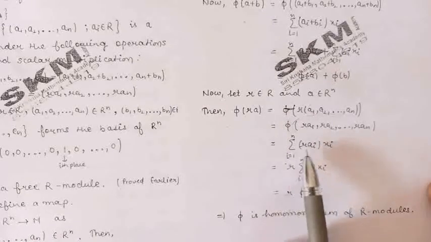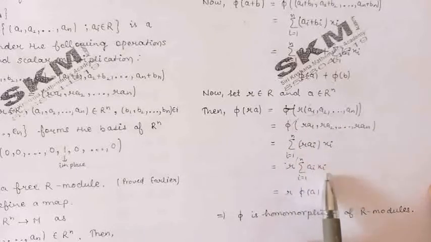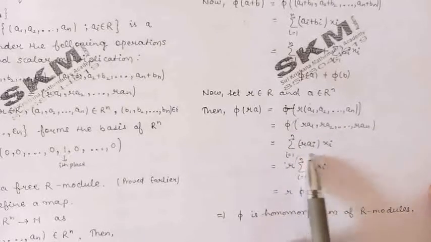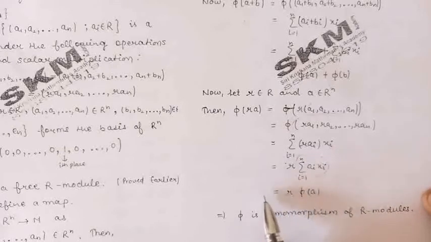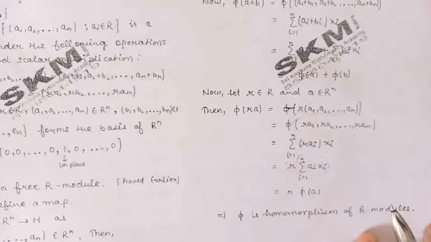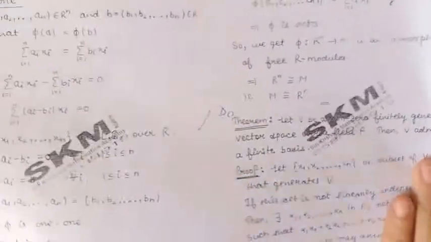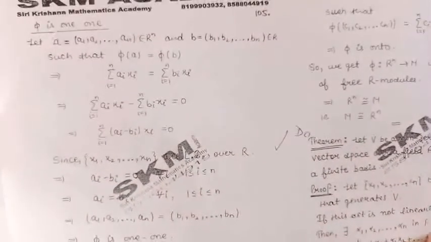Now we can take r out of the summation. Inside we have summation a_i x_i, which is the image of a under phi. So we have proved that the image of ra is equal to r times the image of a. So this proves that the mapping phi is a homomorphism of R modules. Now next, it remains to prove that this mapping is one-one and onto.